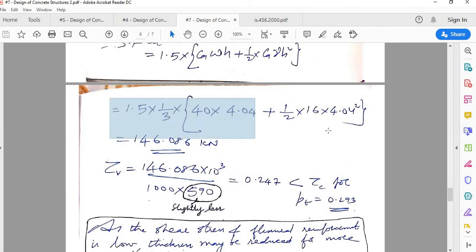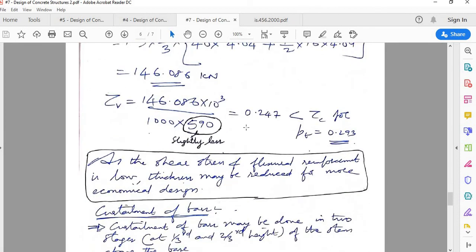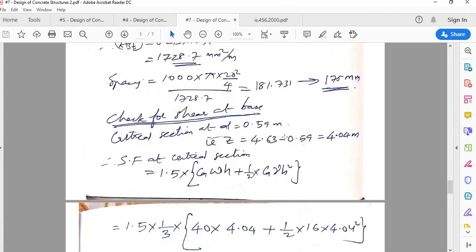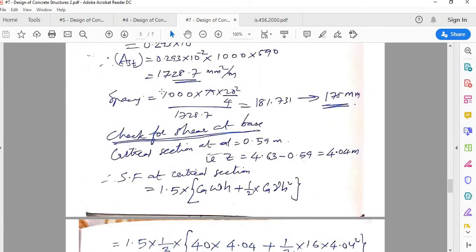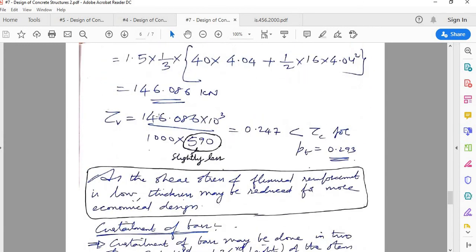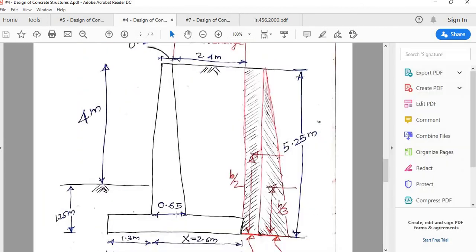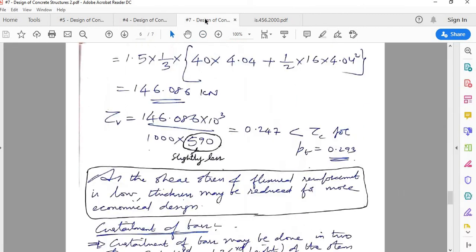After you obtain factored shear force, we will calculate the actual shear stress, which should be lesser than that allowable for the percentage of reinforcement. As a side note, I will also mention that here the bending moment and shear stress are not that much, so actually we could have reduced the thickness of the stem portion a little bit for economy. But anyway, that's just a side note.